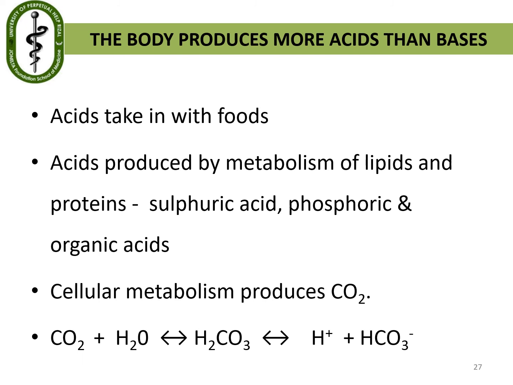Metabolism of lipids and proteins produces sulfuric, phosphoric, and organic acid. Cellular metabolism produces your carbon dioxide, as was discussed earlier, and it will undergo slow and fast reactions, like the hydration of your carbon dioxide to produce your carbonic acid, and then later on this carbonic acid will dissociate to produce your hydrogen and your bicarbonate.